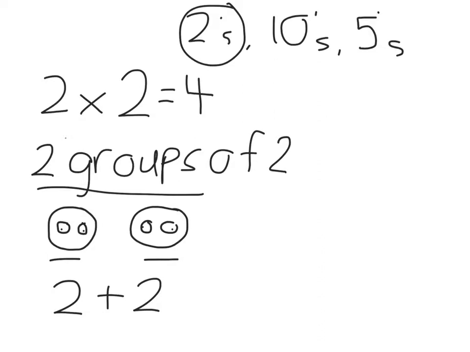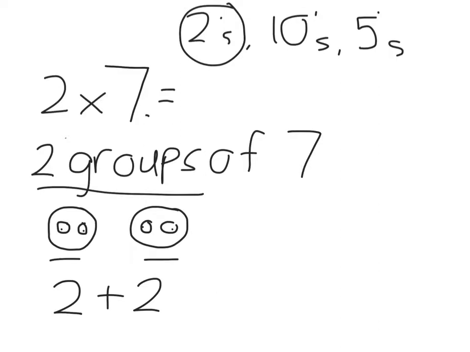All right, let's do a trickier one now. Let's rub this number out. Say I were to do the number 7. I'm trying to find out what 2 times 7 is. So 2 times 7 is the same as 2 groups of 7, so there's going to be 7 in each group.